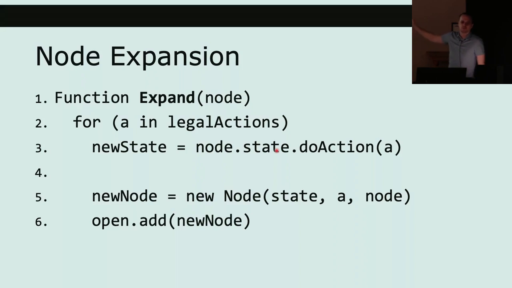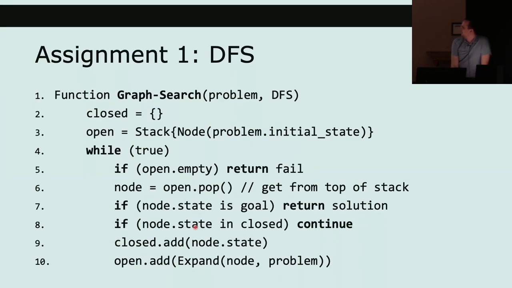It just looks a little bit different, but the pseudocode is the same. And then I'm intentionally skipping a line here. And then new node equals new node. You pass in the state, the action, and the node. In fact, our node has x, y, action, node. And then you add the new node to the open list. That's it. And so if you want to write that in its own function, if you want to just put those few lines of code here, I'm not going to dock marks for either of those.